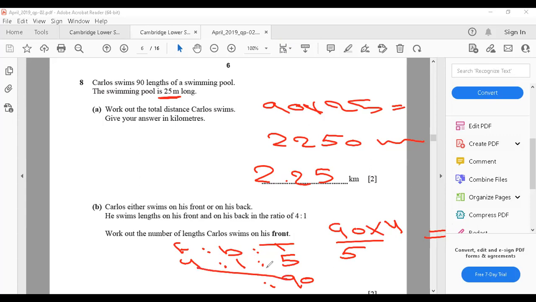Like this, cross product. Or you can assume the value of one part, so you say 90 over 5 first, which equals 18. Then 18 multiplied by 4 equals 72. So he swam 72 lengths on his front.